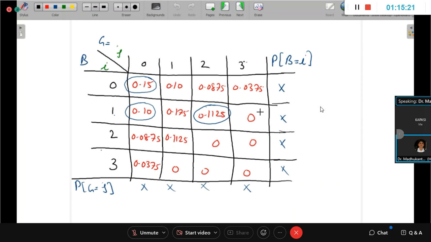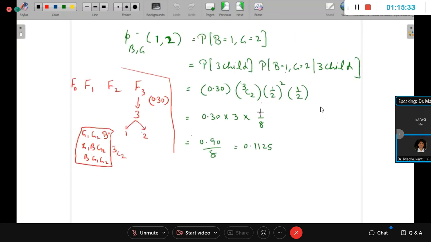Sir, can you show for 1 boy and 2 girls? Yes, here. The probability of 1 boy and 2 girls. First thing is the probability of a 3 child family, that's 30%.